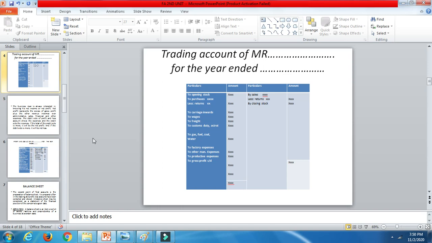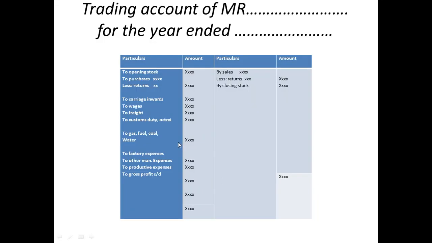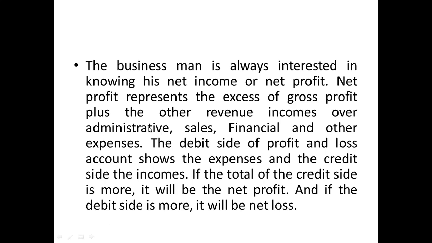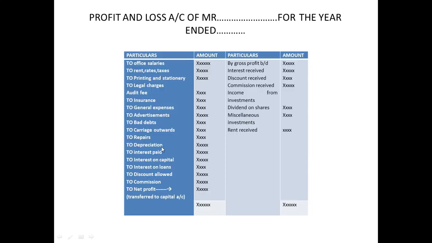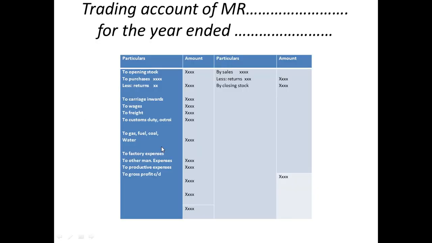What is related to manufacturing will be very much like wages you pay to the laborer, isn't it? Carriage inward means transportation related to inwards. Whenever it is given, it will come in the trading account. So purchases, carriage inward, wages, freight, custom duty, octroi, these are all expenses related to manufacturing. You are going to take all of those in the trading account.